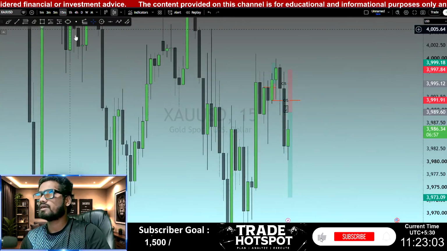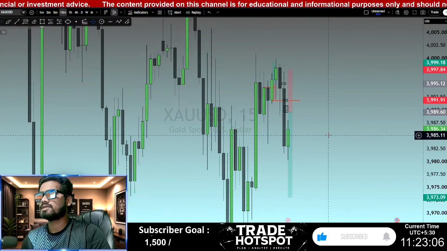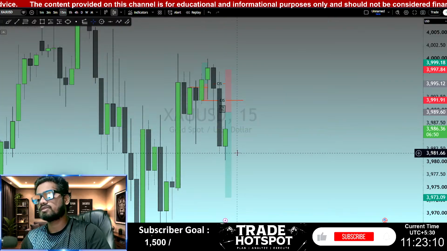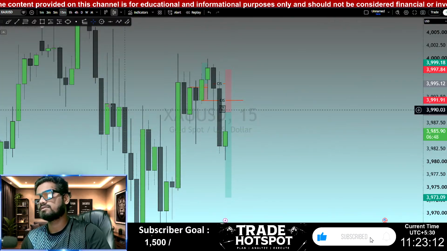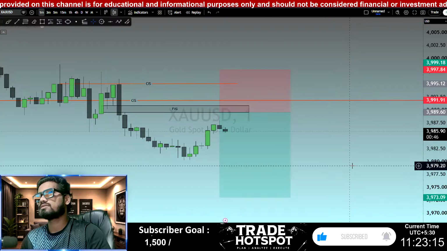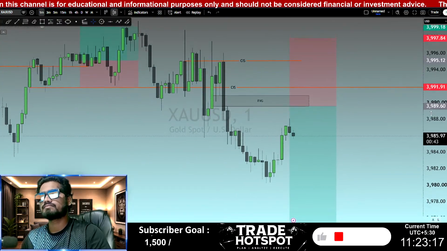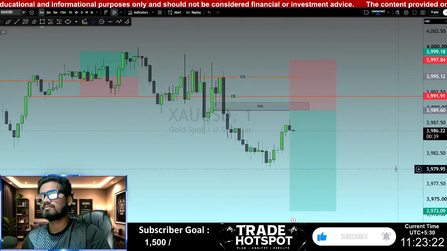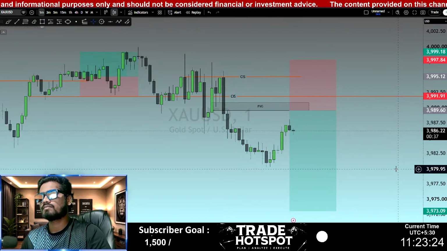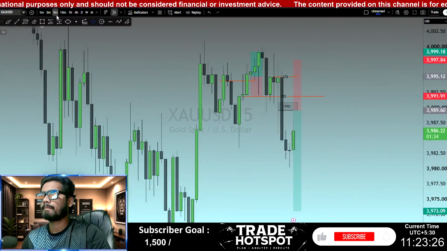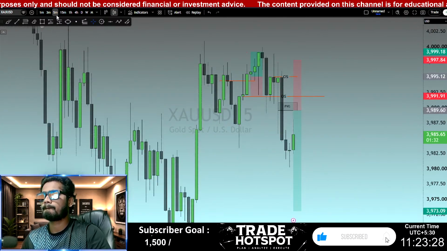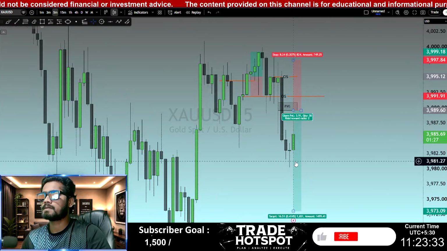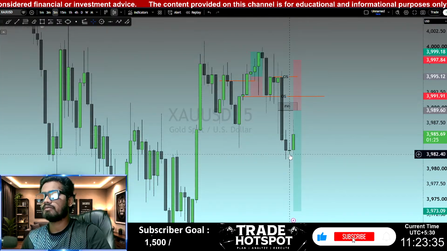Currently, if I look into the 15-minute time frame, then it's a liquidity sweep here, right? It can be some. You can see this is a liquidity sweep here in 5 minutes also.